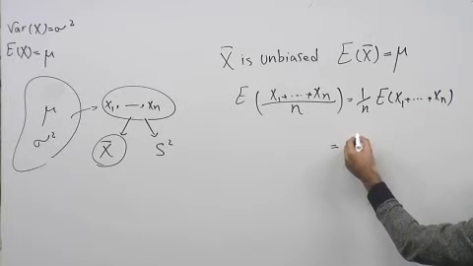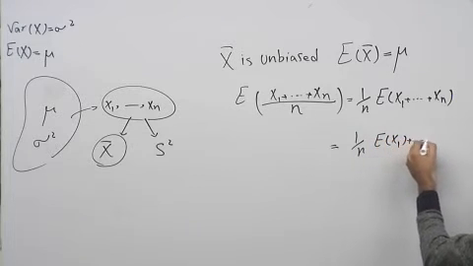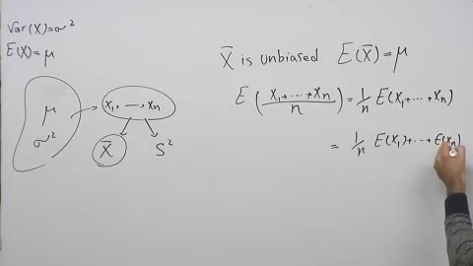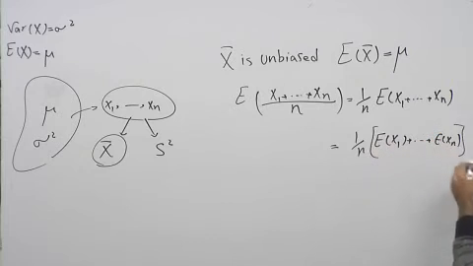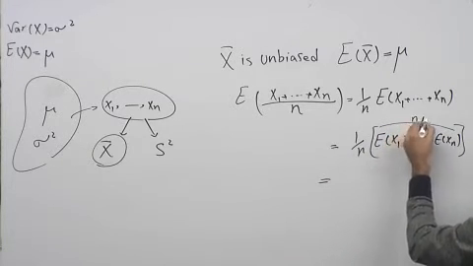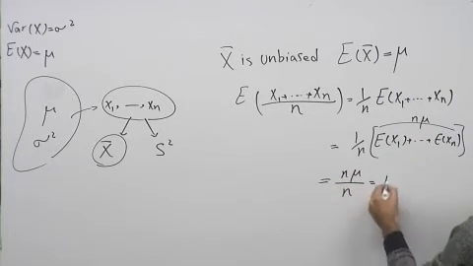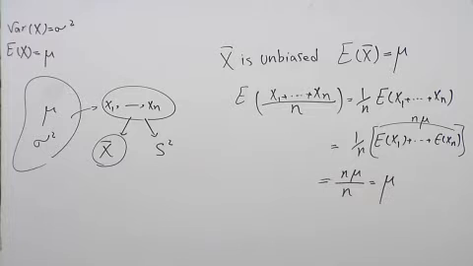The summation of expected values. This is n mu. So n mu divided by n is mu. It's unbiased. Make sense?